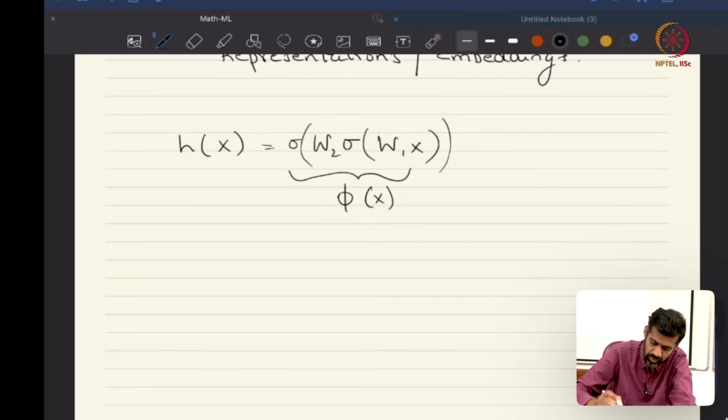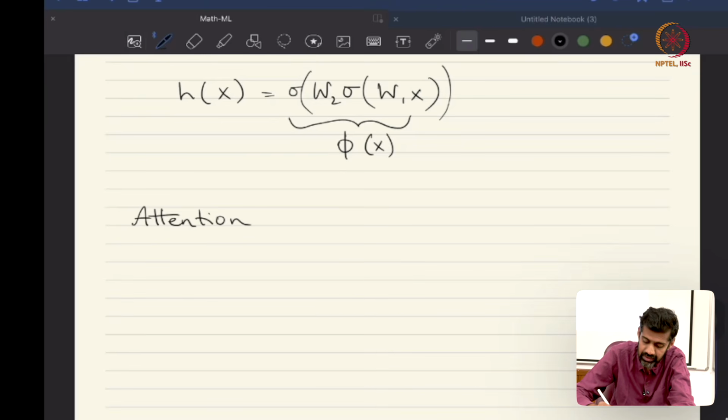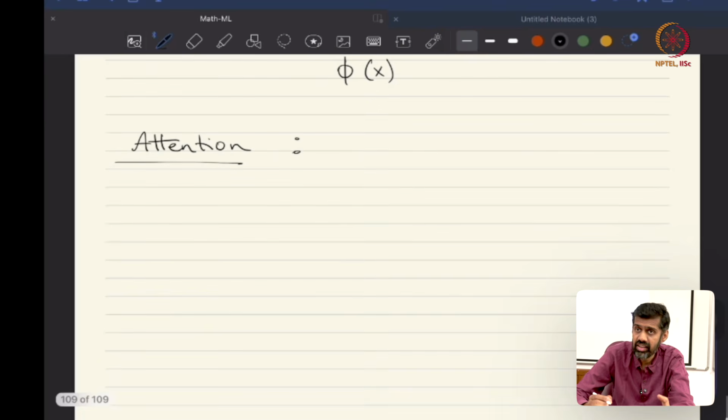Okay. So, now let us look at this idea called the attention mechanism. I will just give you an overview of this and then I will mathematically define it. The idea of attention is as follows. Now, recall that if you have sequential data where the input is a sequence and the output is a sequence, we saw how to handle the sequence to sequence task using recurrent neural networks. Remember that?